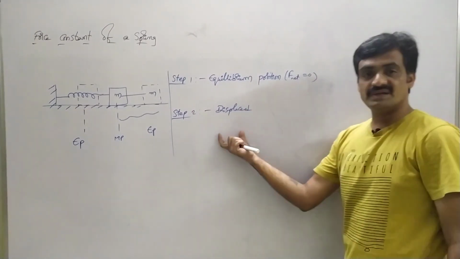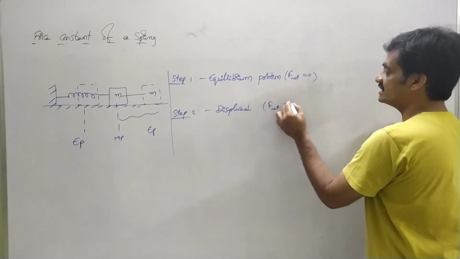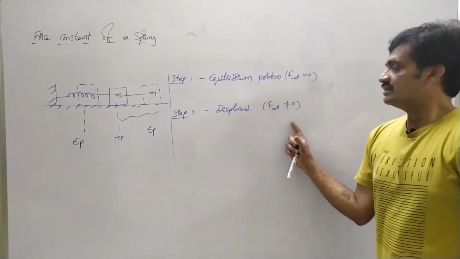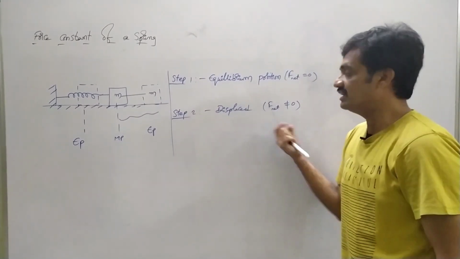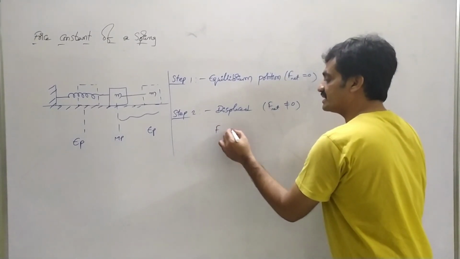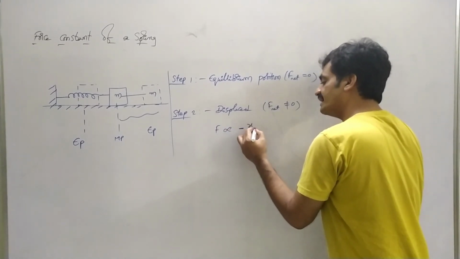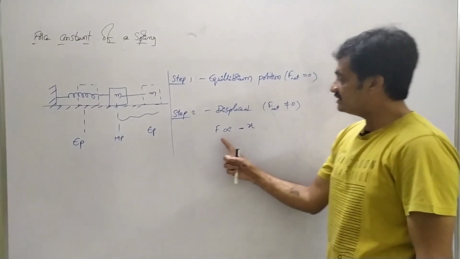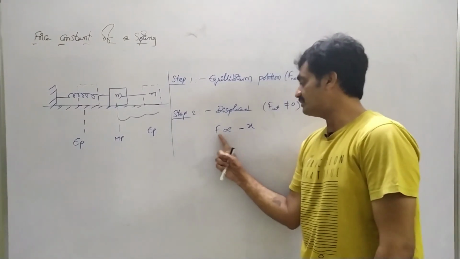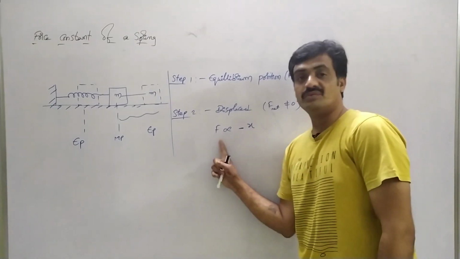As the body is displaced, the net force acts on the body, meaning the net force is not equal to 0. At this position, after displacing, we represent the net force as F is directly proportional to minus x, where x is the displacement of the body. Observe that the external force acting on the body is directly proportional to displacement, but in the opposite direction.